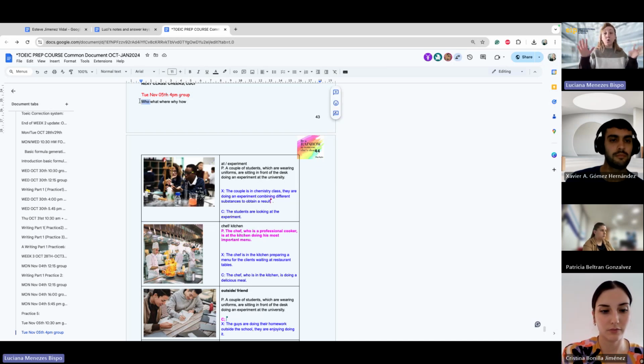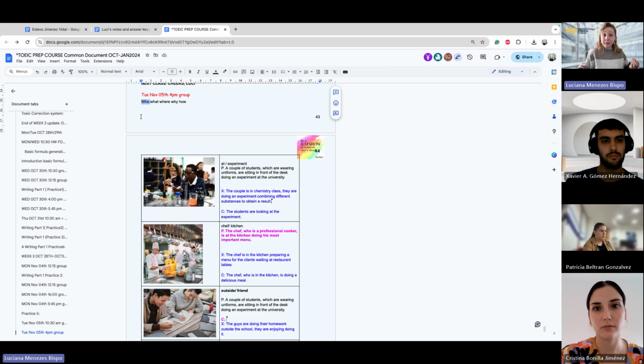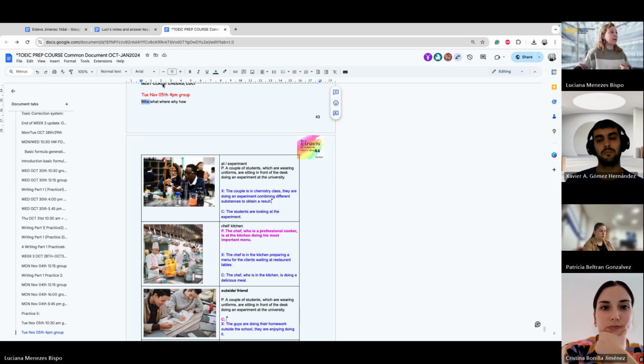And who doesn't necessarily need to be a person. It can be the cat is sleeping on the couch, for example. So the subject is a cat. What? This is the verb. And this brings us to decide what verb tense is the best. The best verb tenses are always continuous tenses.